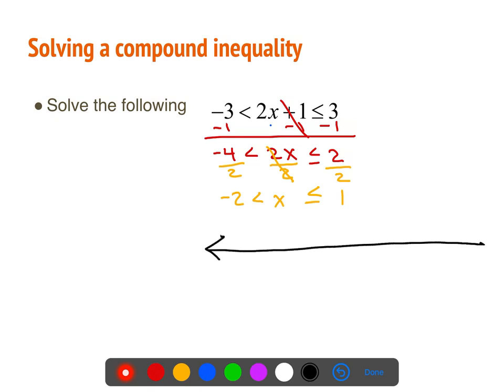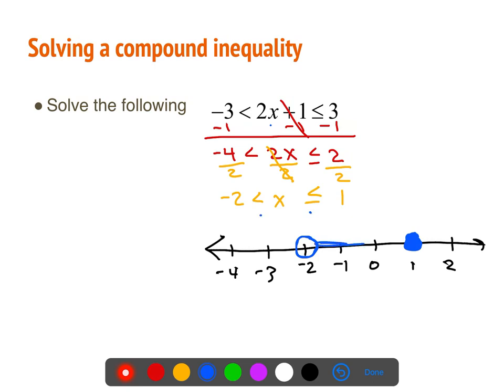All those numbers in between. So what does that look like? Well, let's see. Here's negative 2, negative 1, 0, 1, 2. Let's put some numbers on here. At negative 2, he does not have a line underneath, so he's an open circle. At 1, he does, so he's closed.